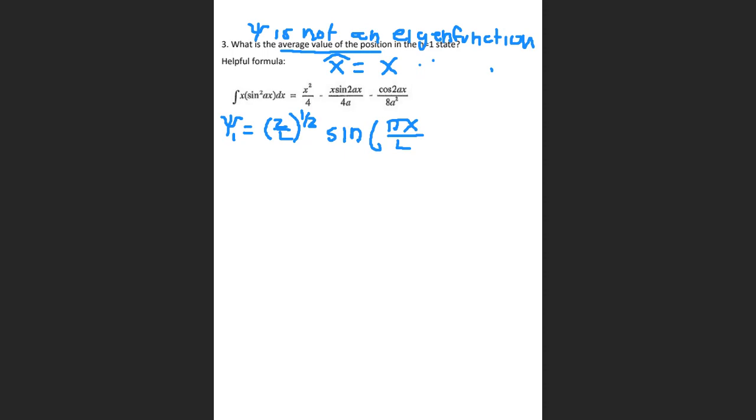If you multiply by that x, it's just been multiplied by x, and x is not a constant. So hopefully you can see, without further discussion, that it's not an eigenfunction.